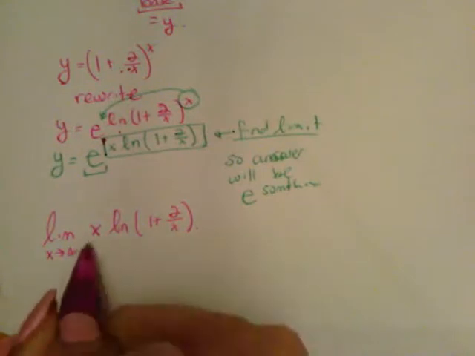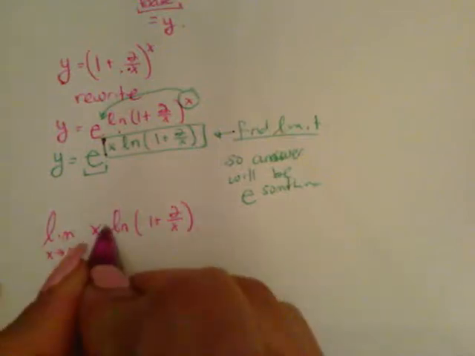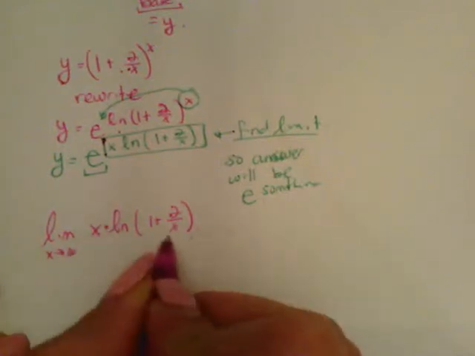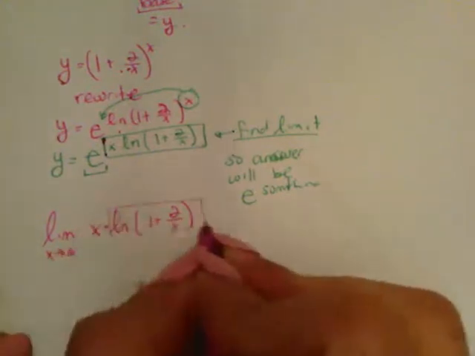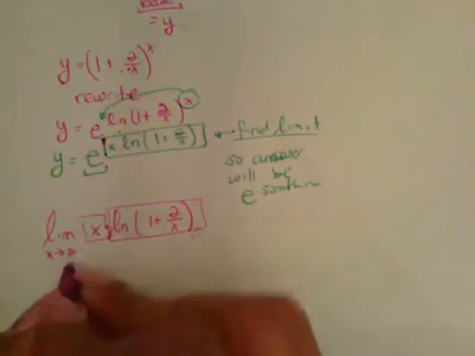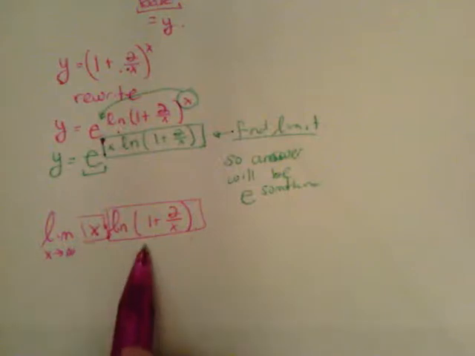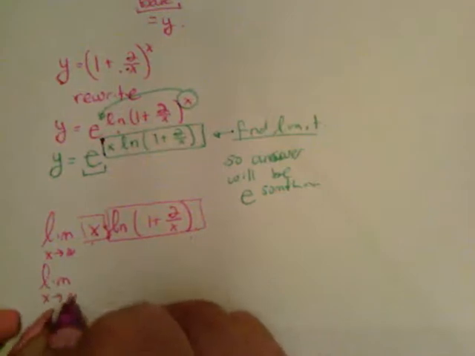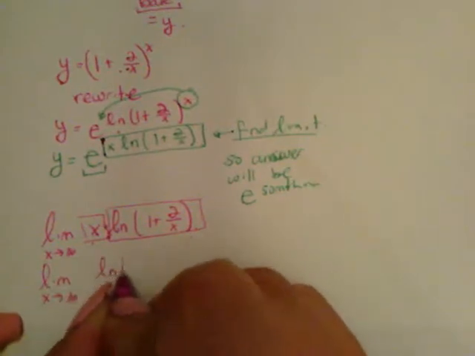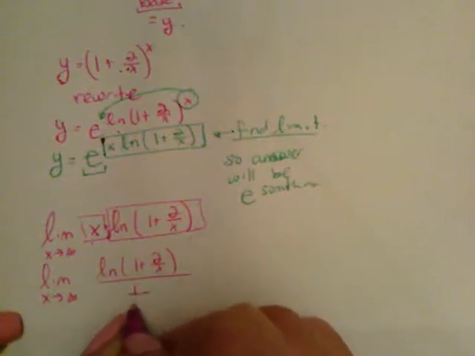Now in order to use L'Hopital's rule, we need to put this into an indeterminate form. So these are our two parts. Basically I need one function on top and one function on the bottom. The easiest function to move to the bottom is this x. If I move it down here, it's going to look like the limit as x approaches infinity of ln(1 + 2/x) over 1/x.